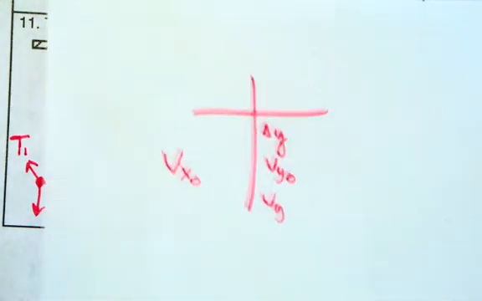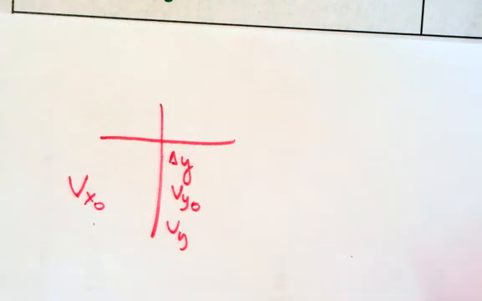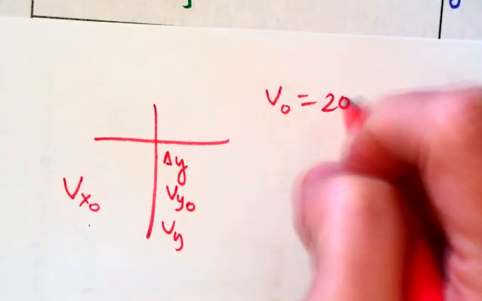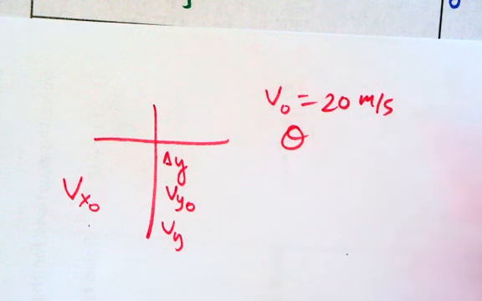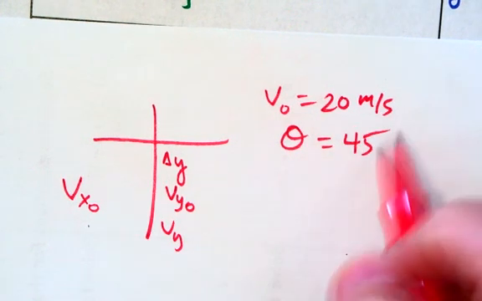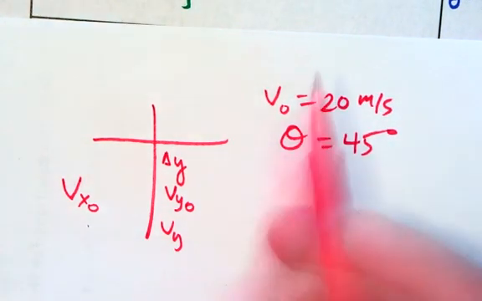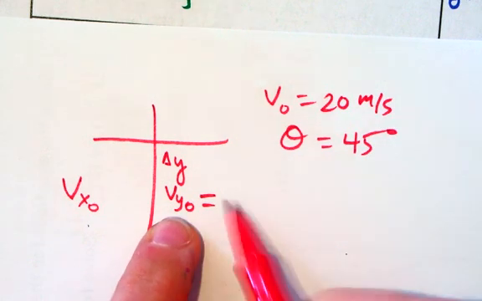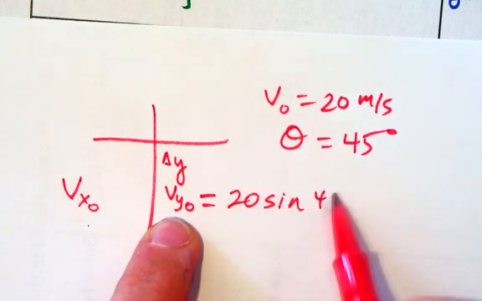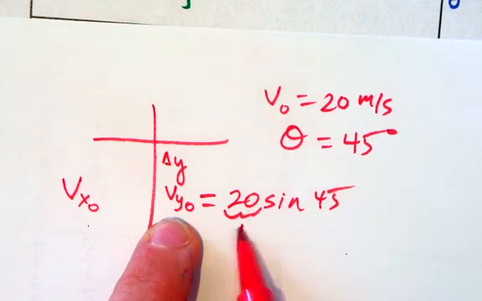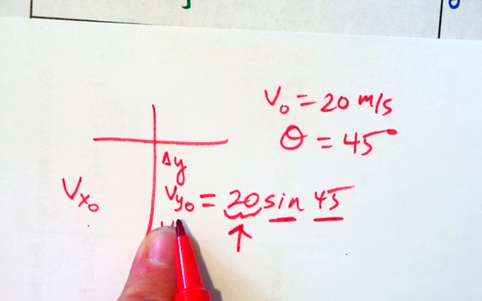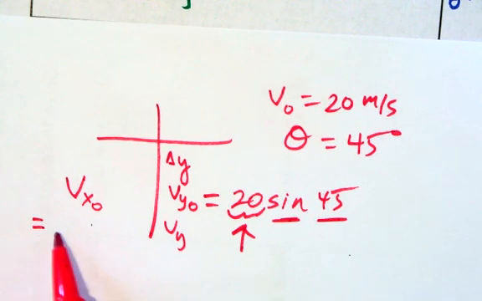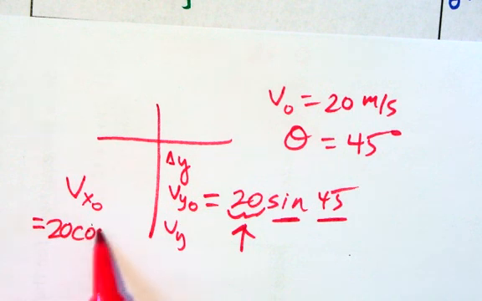And in the problem, I would say, your initial velocity is 20 meters per second, and that is at a 45-degree angle. What would we write for the y component of the initial velocity? 20 sine 45. The reason is we are taking the magnitude of the resultant vector times sine of the angle for the y component of the vector. For the x component, that would have been then 20 cosine 45.